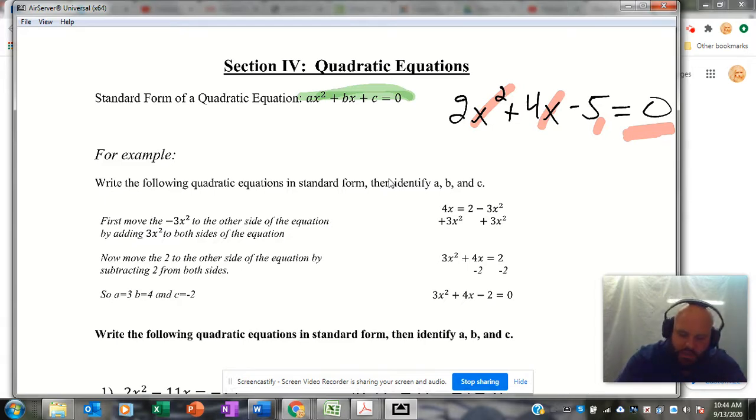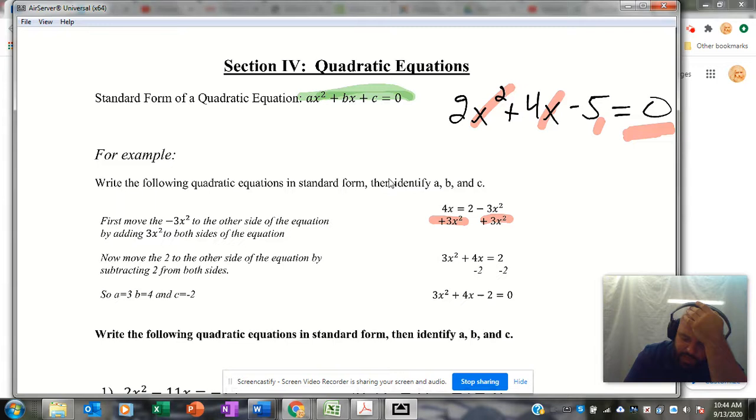In this first example problem, you can see we have 4x equals 2 minus 3x squared, and the directions say write the following quadratic equations in standard form and then identify A, B, and C. So what you want to do is move everything to the left-hand side. The first step is they added 3x squared to both sides.